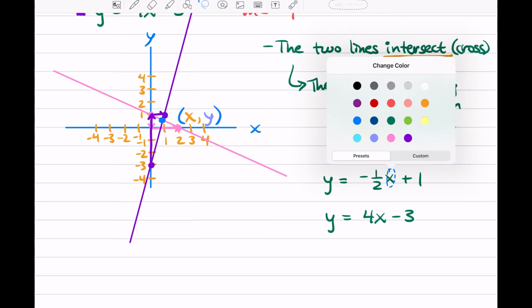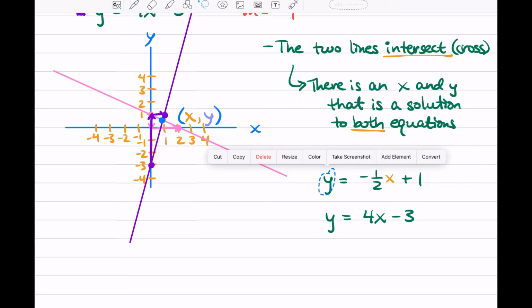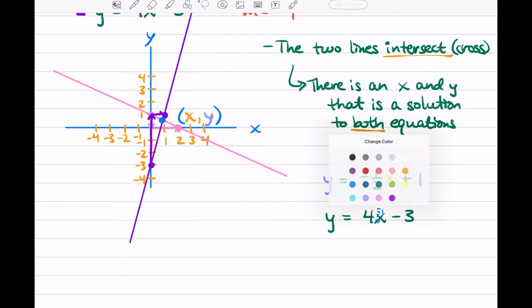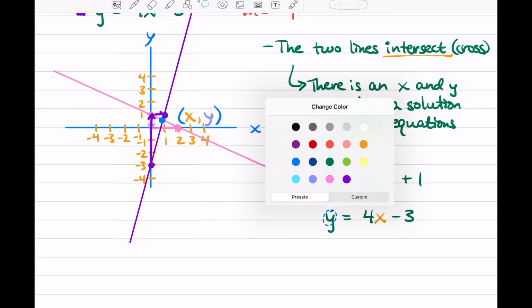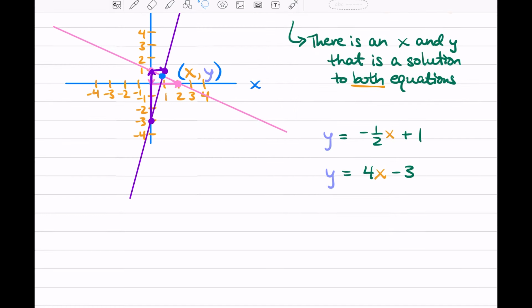Our orange x and purple y satisfy the first equation, and they also satisfy the second equation. So how can we figure out what our orange x and purple y are? Well, if you notice, our purple y equals negative 1/2 x plus 1, and it also equals 4x minus 3.